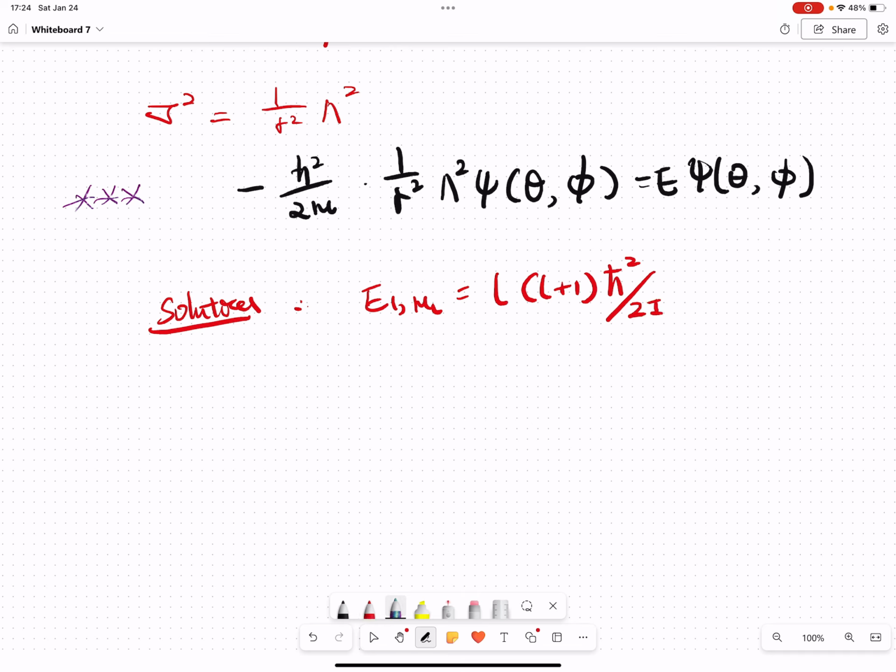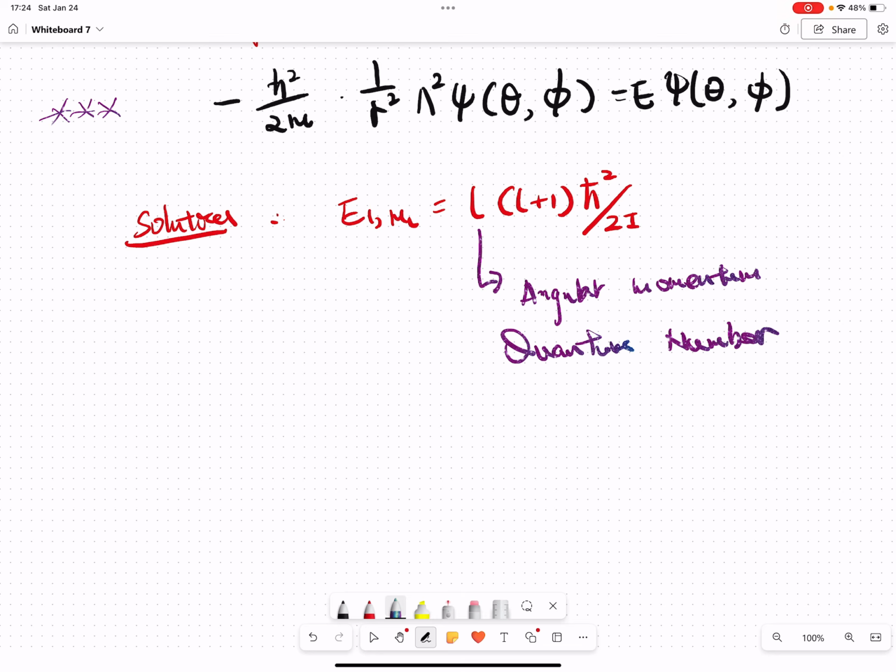The L here is what we call the angular momentum quantum number. And remember ML, as in the particle on a ring case, is what we call the magnetic quantum number.